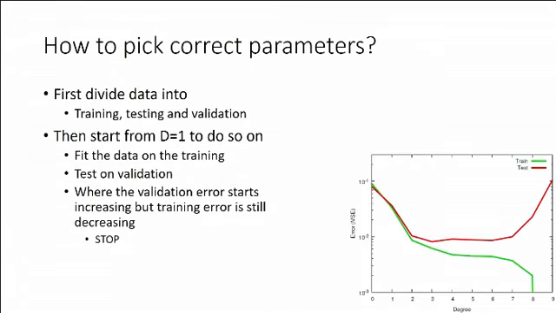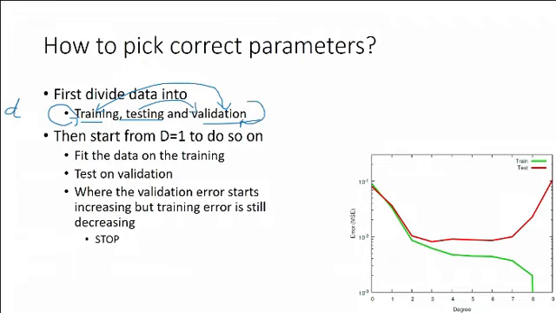First divide your data into training, testing, and validation. Training and validation are what you keep during the training steps. You pick a set of parameters, you pick your D, train on the training set and test on the validation set.